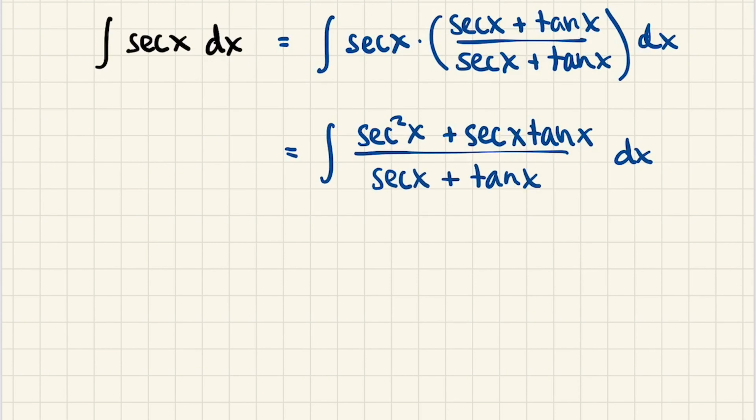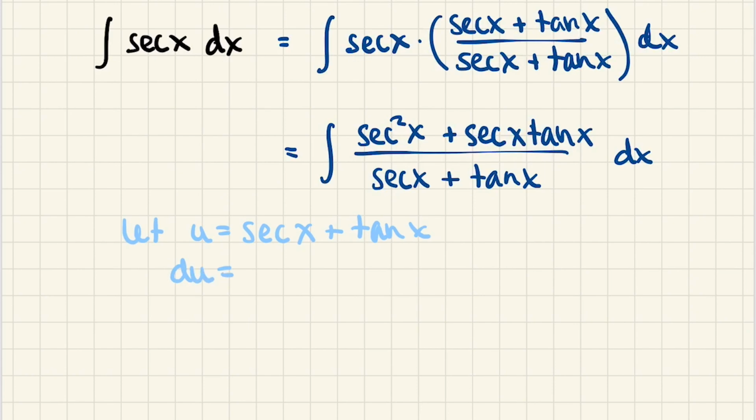Now we're going to use a u substitution, and we're going to note that the numerator of this giant fraction is exactly the derivative of its denominator. Imagine that. So we're going to let u be the denominator, secant of x plus tangent of x.